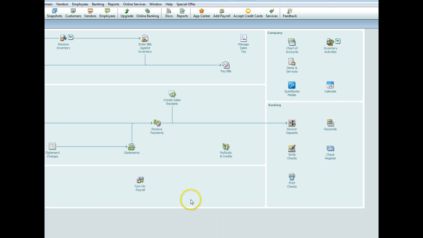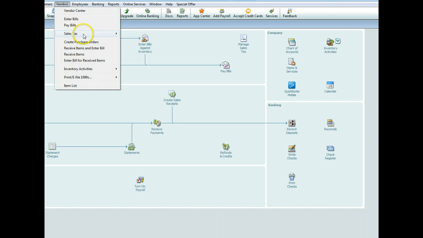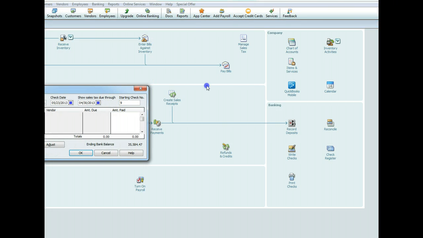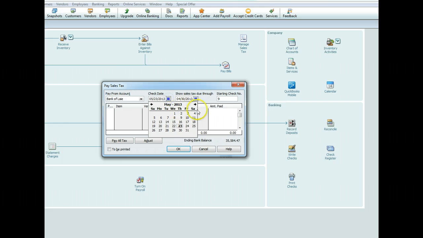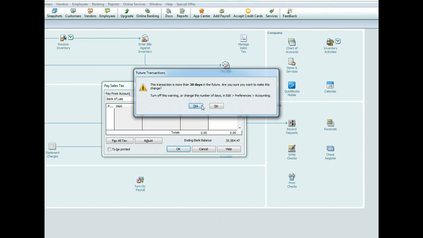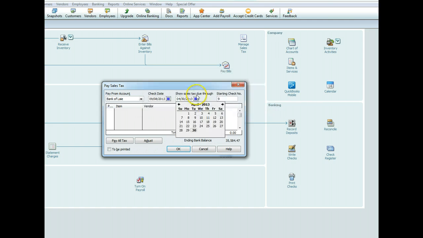Finally, it's September 8th, and I'm going to pay my taxes. Vendors, sales tax, pay sales tax. The check date is going to be September 8th. And we're going to show sales taxes due through today.